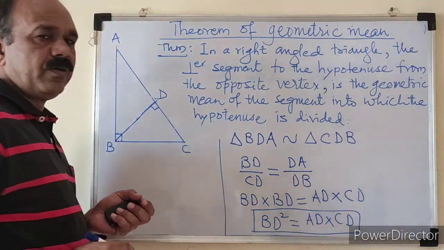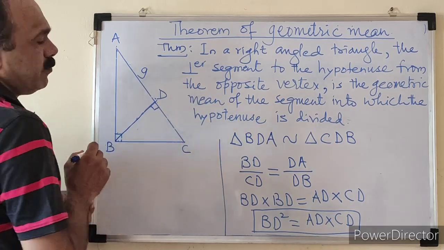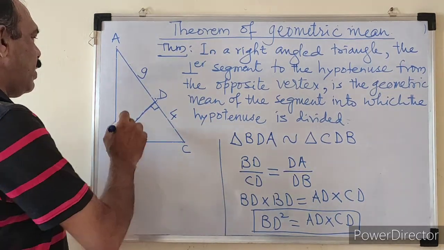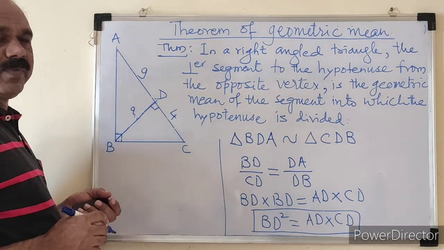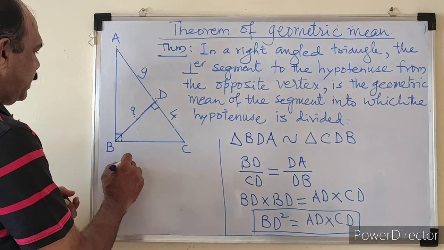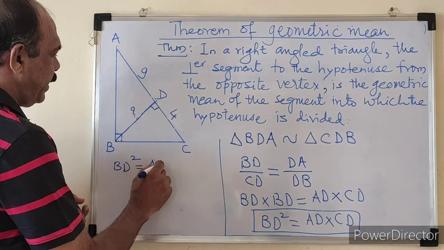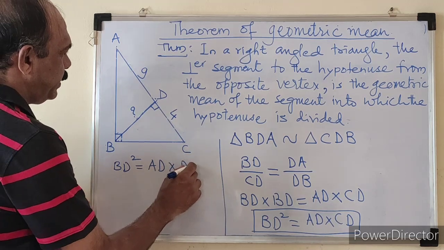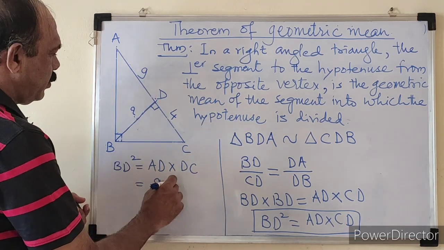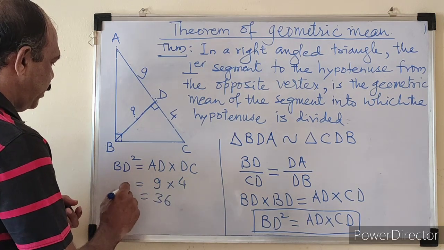So we will see one example. If you consider this AD is 9 and CD you take 4, what is the length of this BD? We can find out with the help of this formula, that is BD square is equal to AD into DC. So AD is 9, DC is 4, that is 36. So this is the BD square.